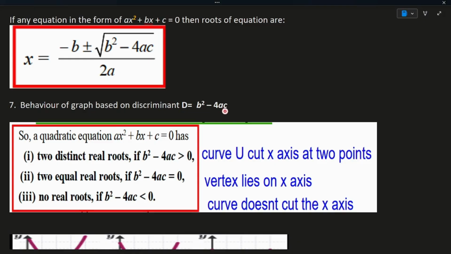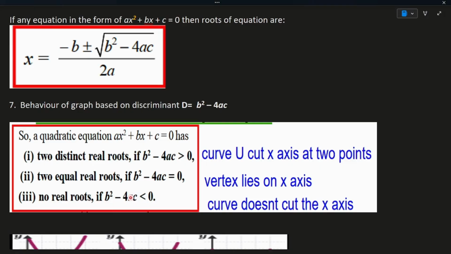Here the discriminant is b square minus 4ac. For example, if the discriminant is more than 0, means any positive number, it has two distinct real roots. If the discriminant is equal to 0, it has two equal real roots. If the discriminant is less than 0, then it has no real roots.